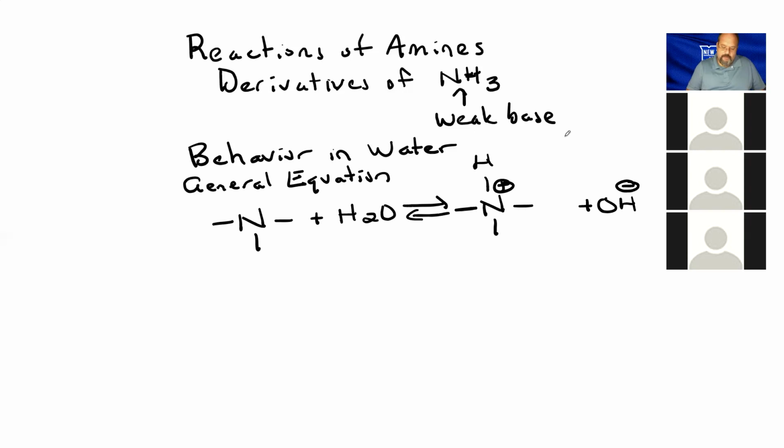So it's going to have 3 things already attached to it. It could be carbon groups, it could be hydrogen, depending on the structure of the amine. But when the nitrogen picks up the hydrogen, it goes to 4 bonds. So the nitrogen starts out as being neutral, but then in water, when it picks up the proton, it now has 4 bonds and a positive charge.